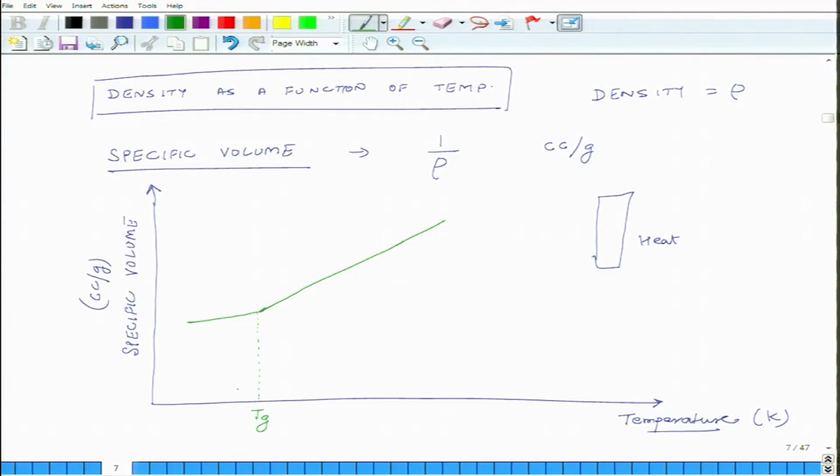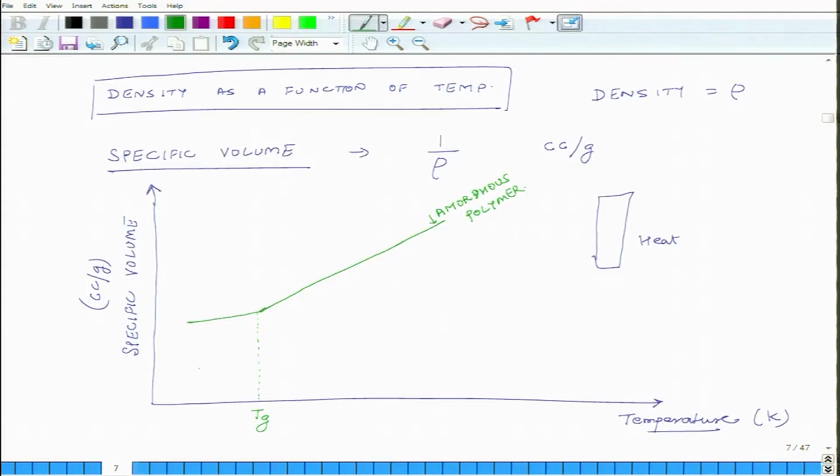So this is for an amorphous polymer. What I am saying is that initially it just increases, and above the glass transition temperature this is what happens, and it just keeps on increasing.